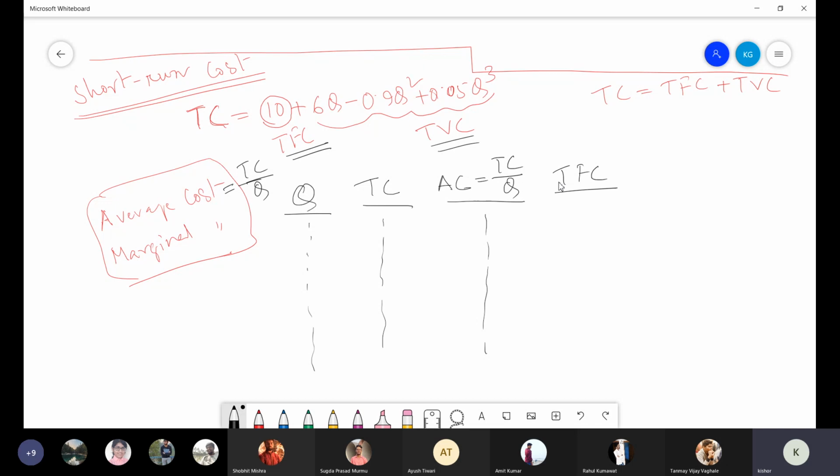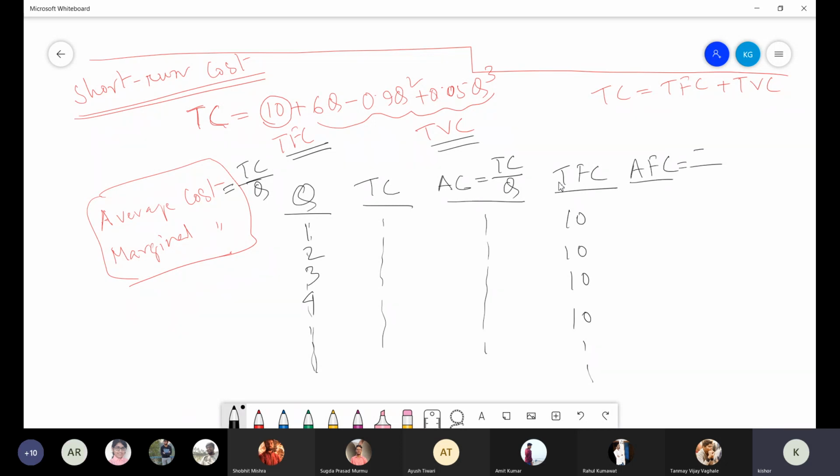Total fixed cost is irrespective of Q, the level of output; it remains 10. In each and every case, against each value, 1, 2, 3, 4, and so on, it remains always 10.